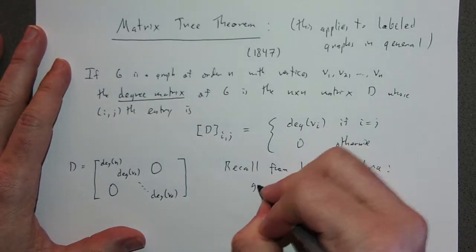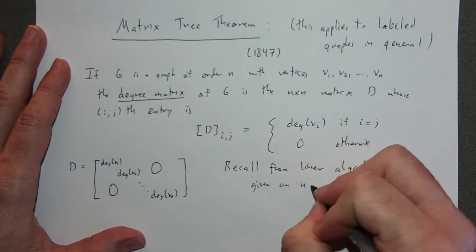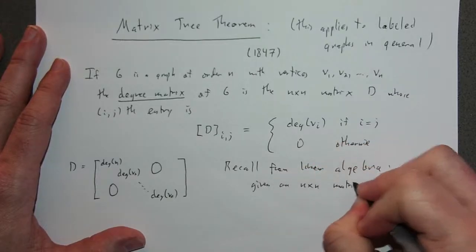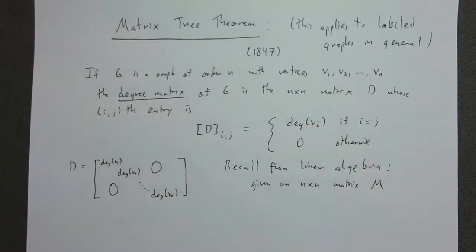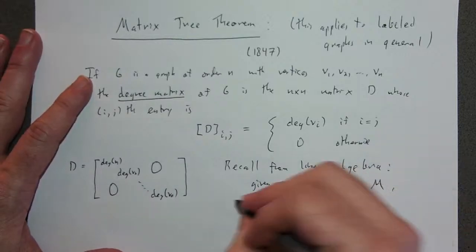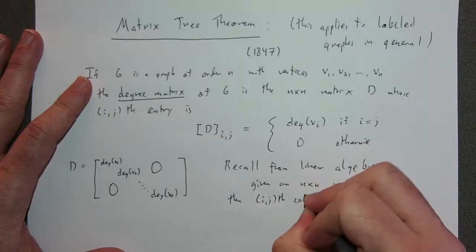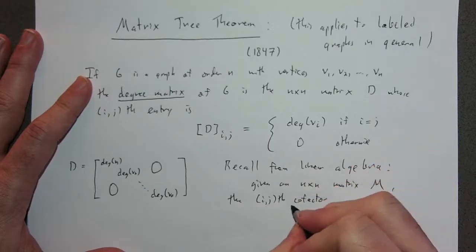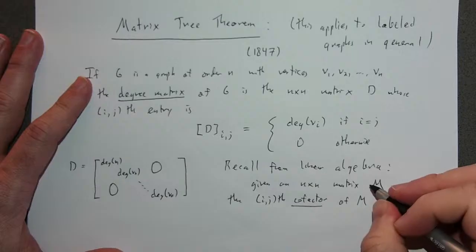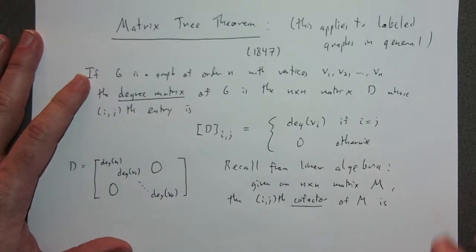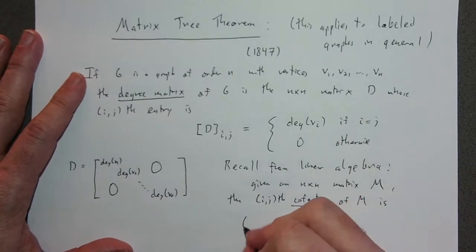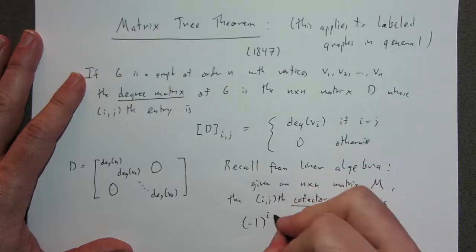Given an n by n matrix M, not a special kind of matrix, not a degree matrix, adjacency matrix, any of that, just any square matrix, we can talk about the ijth cofactor of M, which is defined to be (-1) to the i plus j.